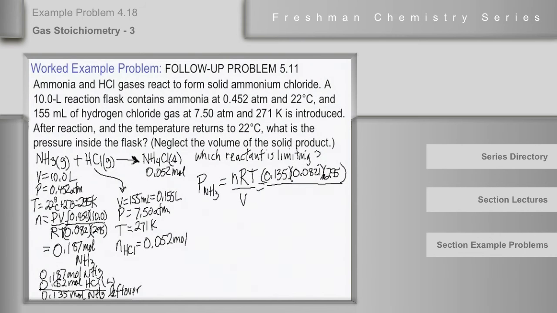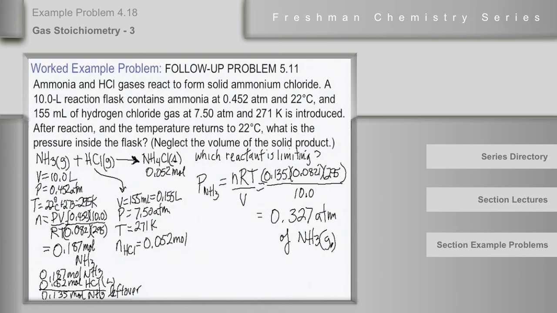Divided by the volume, and the volume of the flask is still 10 liters. Notice it says to neglect the volume of any of the solid product, which would be very small. So this pressure turns out to be 0.327 atmospheres, and this is of ammonia gas.